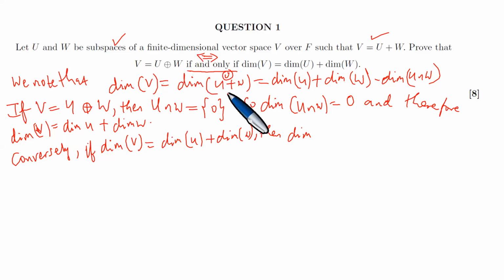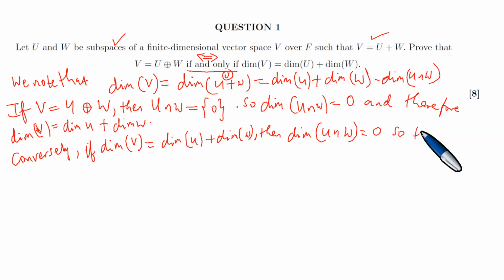We reason. In mathematics, if this is a direct sum, then the dimension of U intersection W is actually 0.